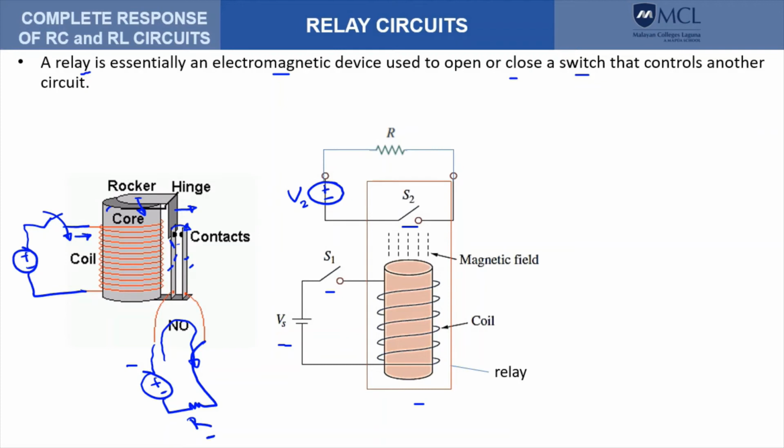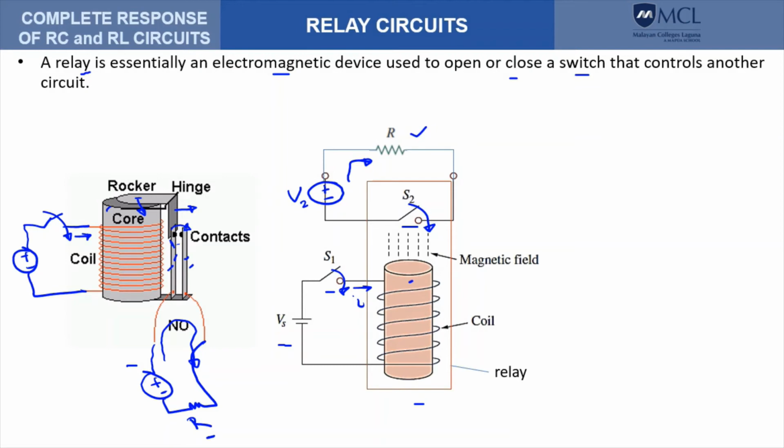So when S1 closes, current will flow, the core becomes magnetized, and if it is strong enough, the switch will start to move. Okay, so S2 here represents the rocker, and if S2 closes, current will start to flow through this part here.